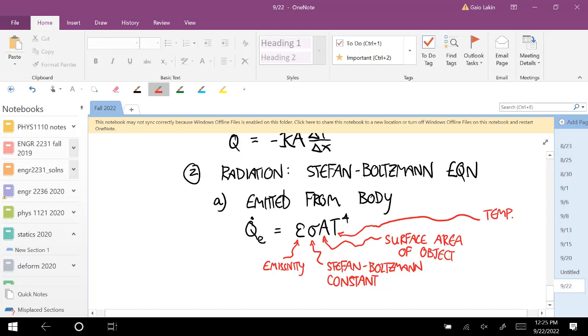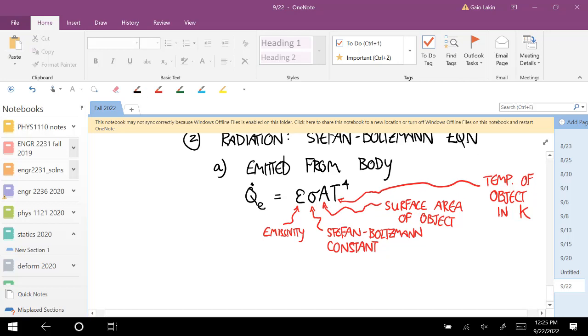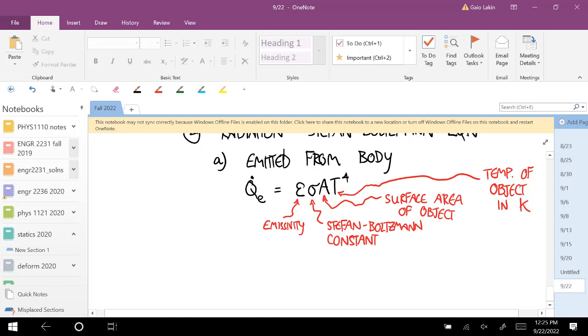So probably Kelvin, but you could use Rankine too. I'll just put Kelvin. And so that's emitted from a body, but it doesn't say anything about the energy absorbed by the body. So that's sort of limited use.